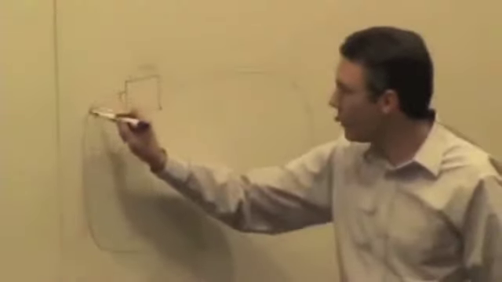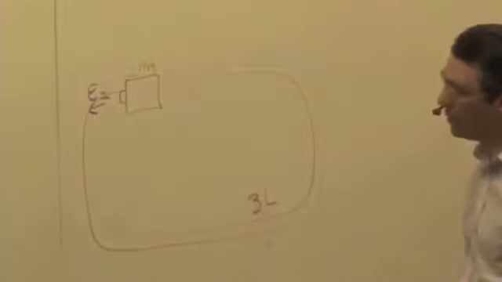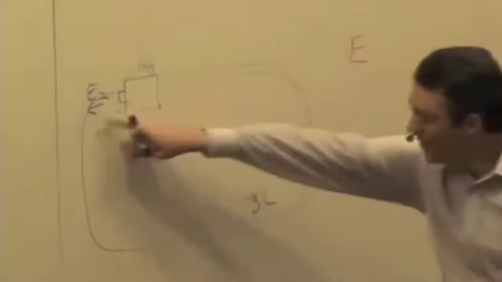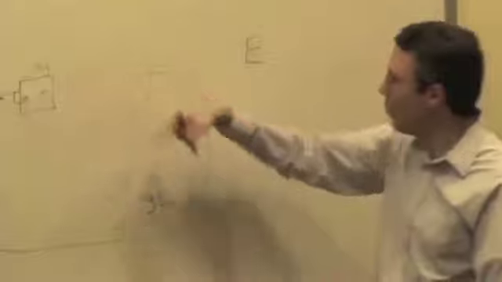Well, if I do the same thing here, I have E2 pointing in that direction, right? And now the length is 3L. Finding the potential difference going from the positive to negative, it's going to be what?